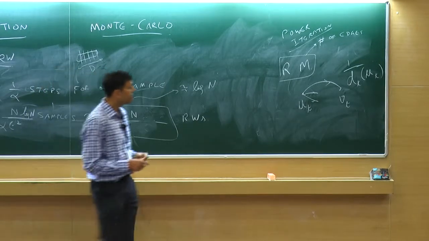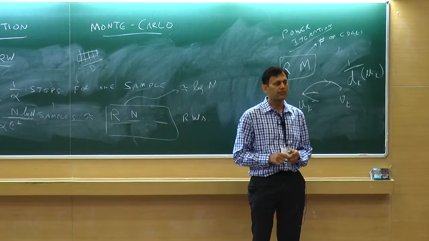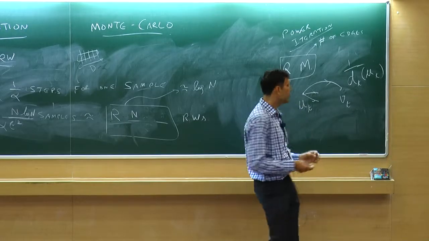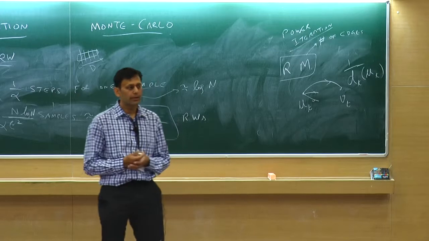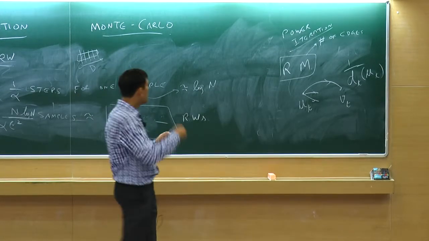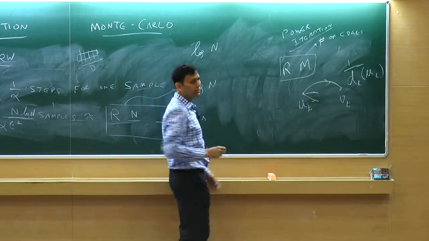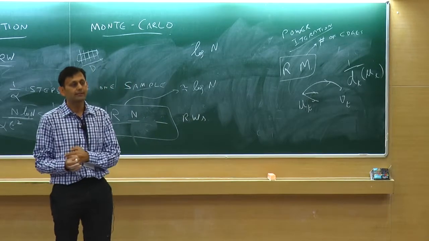For example, if you wanted correct bounds at every time step, you would have to add another log n. Actually, no, I don't think you have to, sorry, I take that back. The reason you have this log n in the Monte Carlo bounds is that you want to make sure none of the nodes is very far away from its page rank.